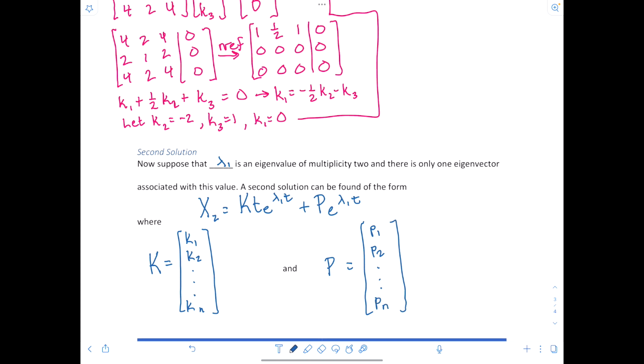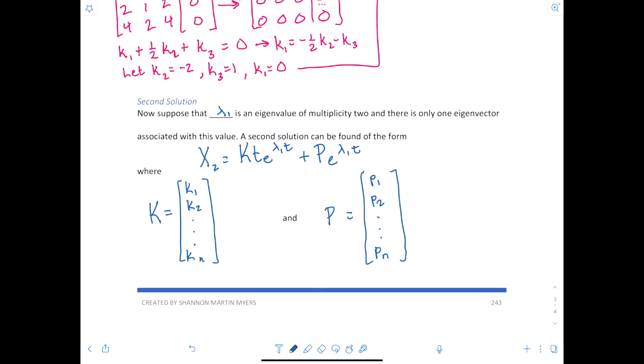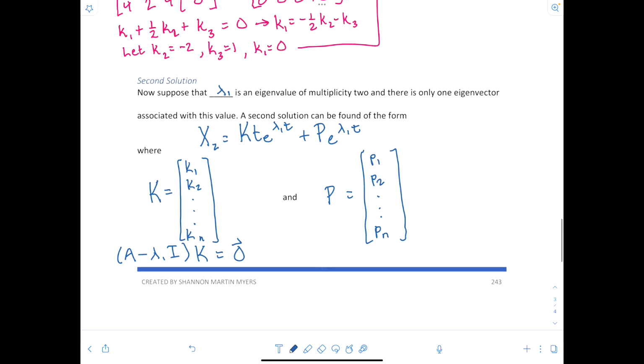But there's a little bit of a trick here. The way you get K is the normal way: A minus lambda 1 times I times capital K equals the 0 vector. But the way you get P is A minus lambda I times that P vector is equal to the K vector instead of the 0 vector.